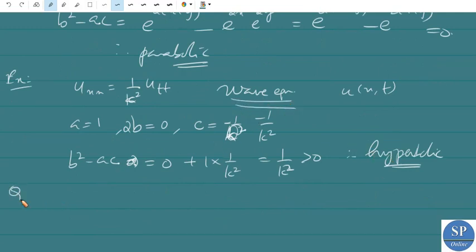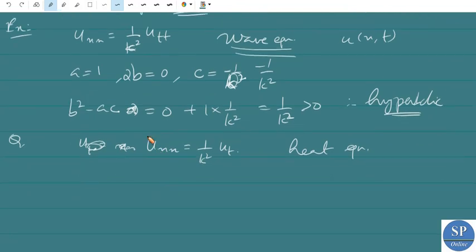Next example is the heat equation. The heat equation is uxx equal to 1 by k square into ut. The heat equation is actually parabolic. Here the first order partial derivative is ut.